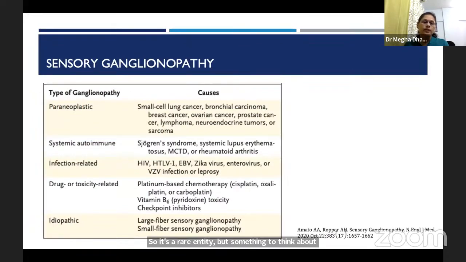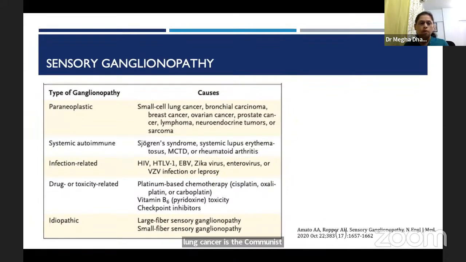Okay, going back to sensory ganglionopathy, we all know the classic causes of sensory ganglionopathies: paraneoplastic, autoimmune, infections, drug-induced or toxin-induced, and idiopathic. As far as the cancers, small cell lung cancer is the commonest cause of sensory ganglionopathy.